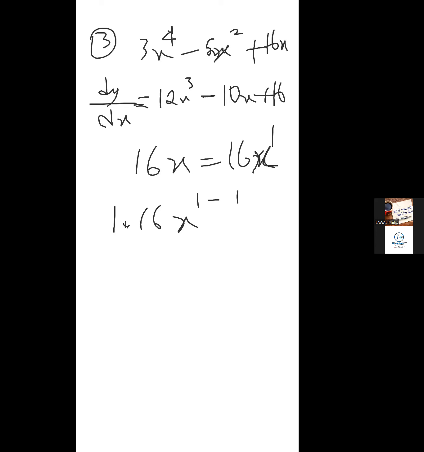That's where I'm able to get my value. So 1 times 16 will give me 16, and then I'll have x raised to power 0. Anything raised to power 0 is 1. So 16 times x raised to power 0 simply means 16 times 1. So the answer will be 16. That's why this 16 is there.